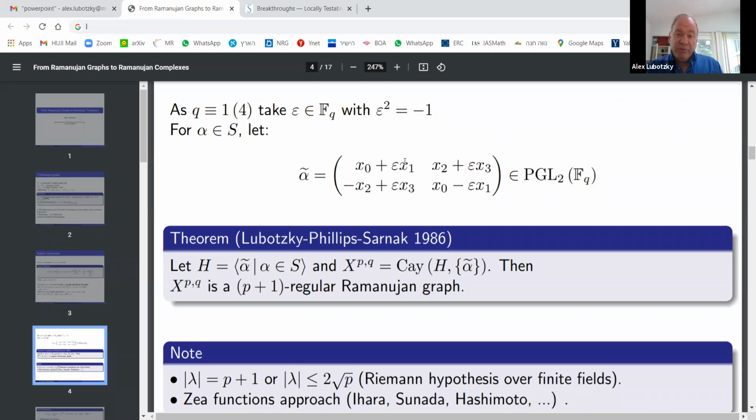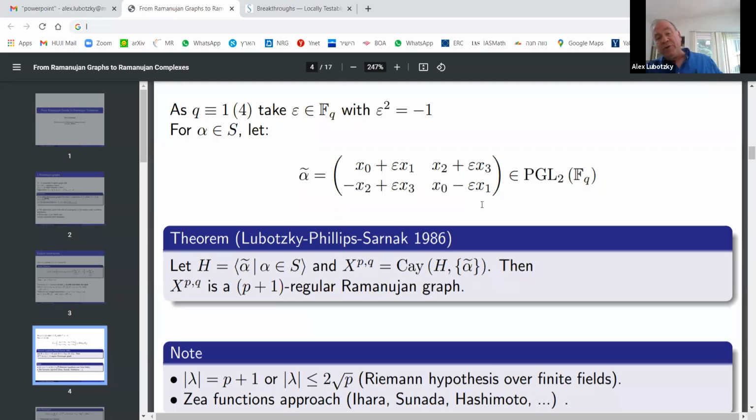And then you see that the determinant of this matrix is exactly the norm of alpha, namely P. Since P is different than Q, the determinant is non-zero in the field F_Q. So we are in the group GL2. This is not just a 2 by 2 matrix, it's an invertible matrix.